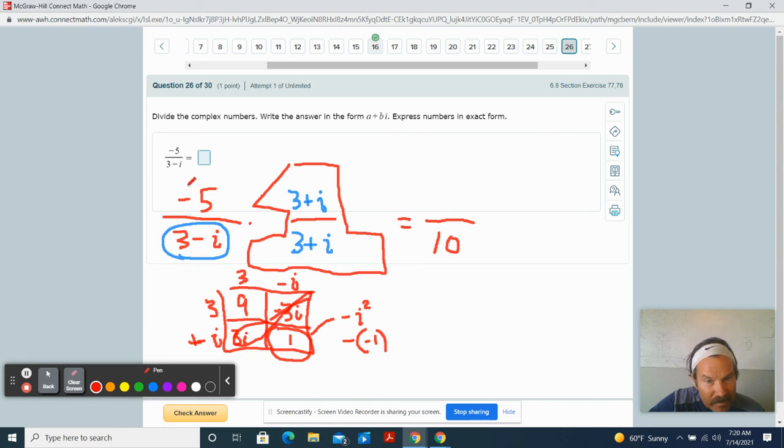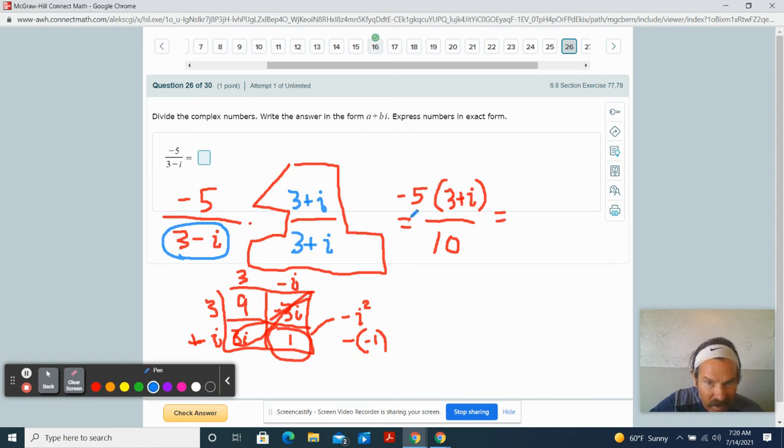Now, on the top, we have negative 5 times 3 plus i. I'm not going to multiply it out using the distributive property, and I'll tell you why in a second. I'm just going to write it out. I'm not going to make this negative 15 minus 5i because there's one more step I can do. If I multiply it out, I might not see this step.